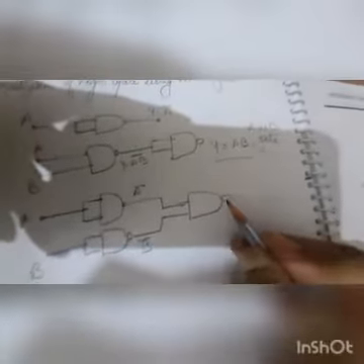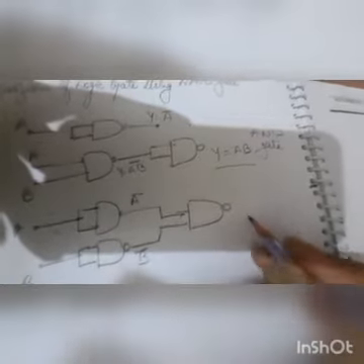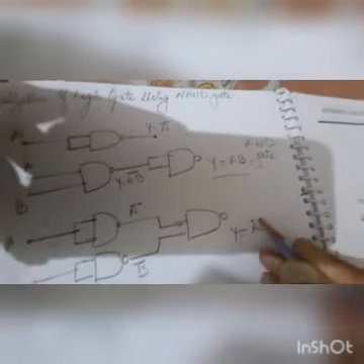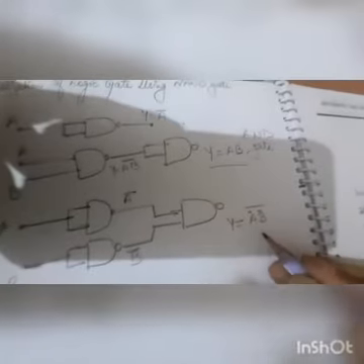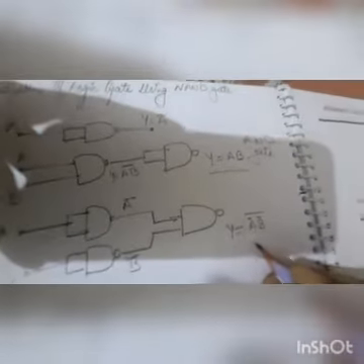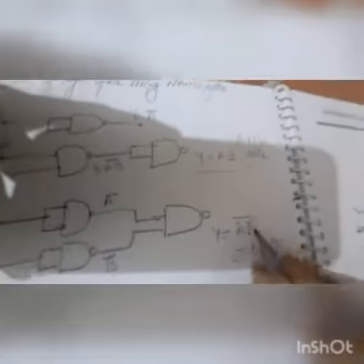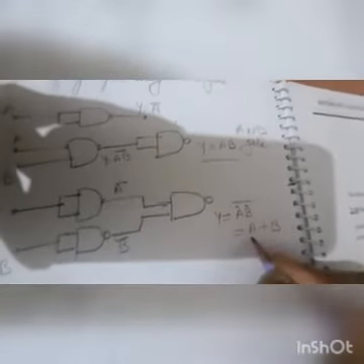So A bar, B bar gives y is equal to (A bar B bar) the whole bar. This is a postulate: it is always equal to A plus B. A bar B bar the whole bar is equal to A plus B. So we have the realization of the logic gate using NAND gate.